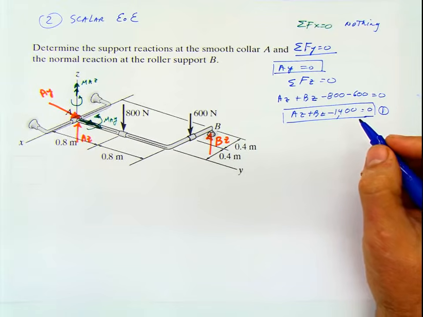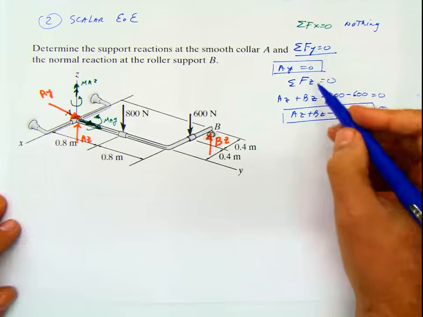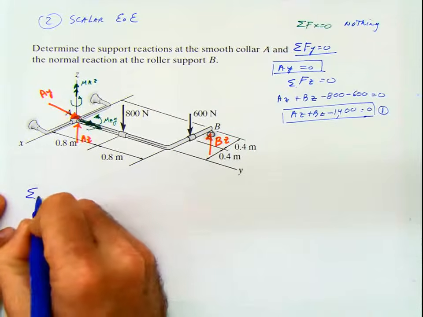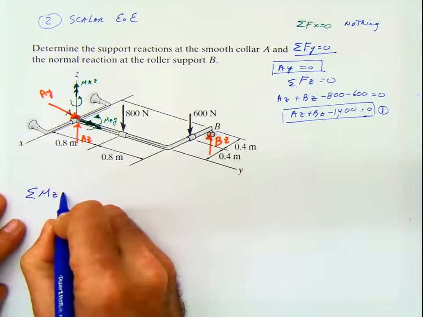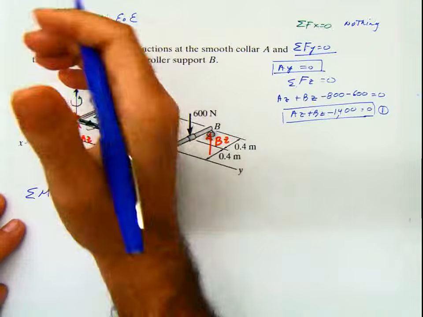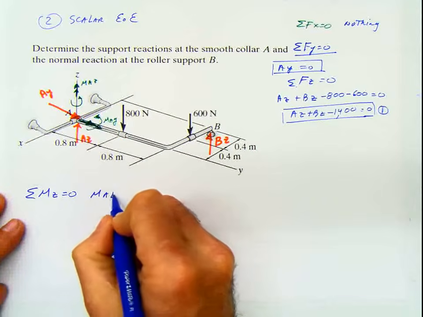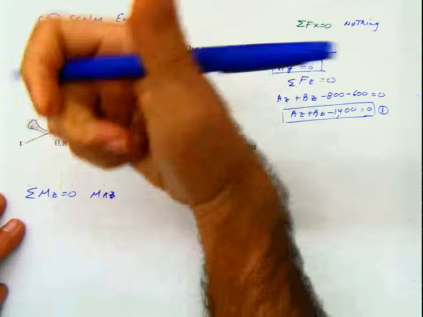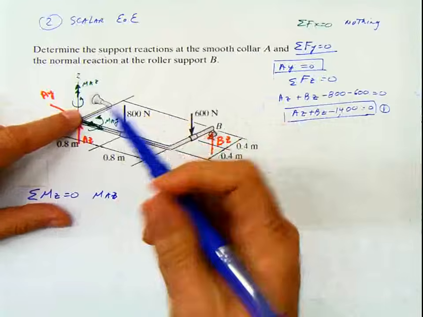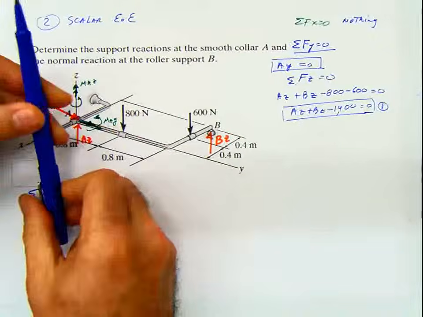So now let's do summation of moments, because I already did summation of forces in X, Y, and Z. So let's do summation of moments with respect to Z equals 0. And Z is this axis. What do I have here? I have a moment called MAZ, which I assume positive in this direction. Do you see any force here that can make this element rotate about the Z axis, the vertical axis?